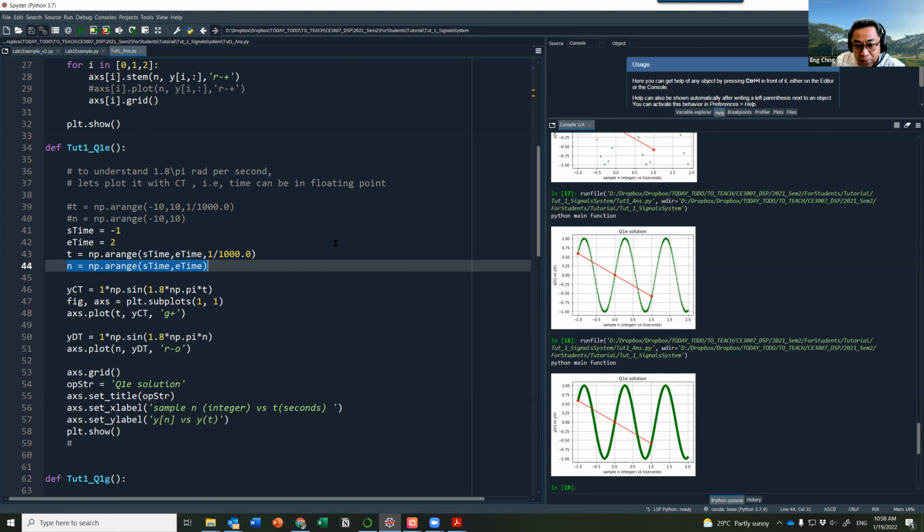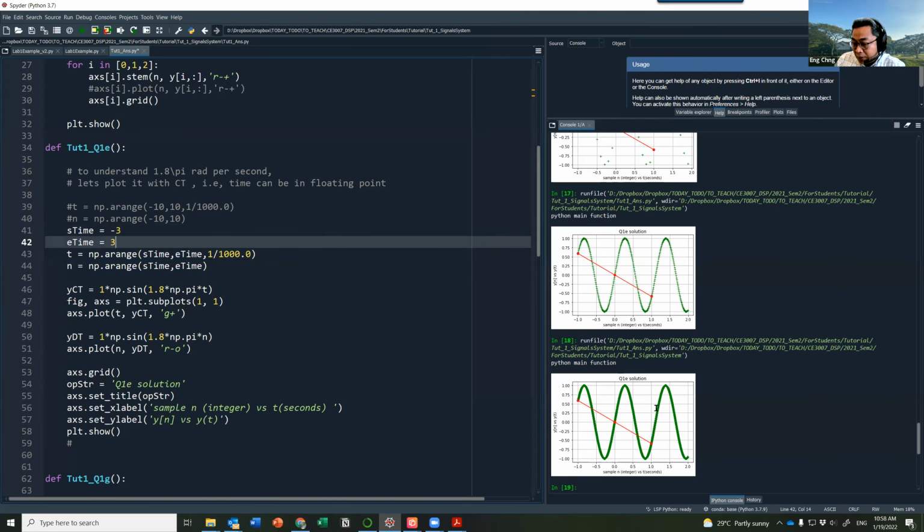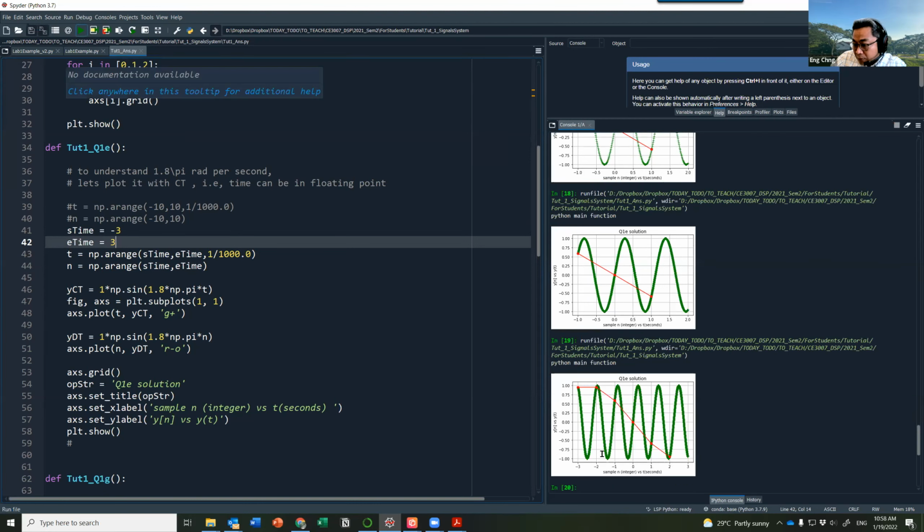Now, let me extend the plot from let's say -3 to +3. And we are now going to zoom out to look at this. You realize that the green guy is moving up and down very, very quickly, but the red guy is only sampling in between the green guys.